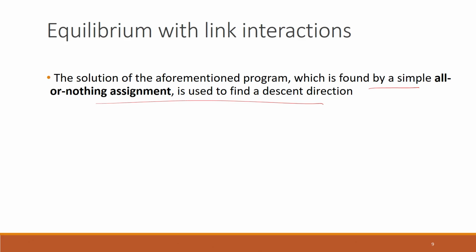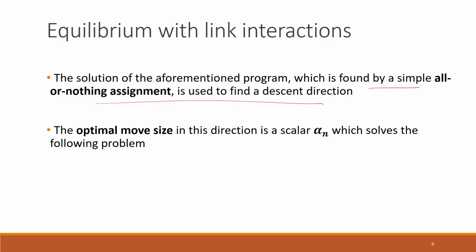The solution can be easily found by assigning all the flow for every given OD pair to the path which has the shortest length. Once we do this for every OD pair, then we can calculate the flows for different links. And that is the solution of this direction finding step.